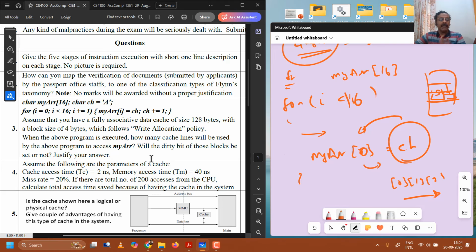Now, before we calculate the block size and the cache size, remember there is one more thing which is stated: fully associative. What does fully associative mean? Let me go down.